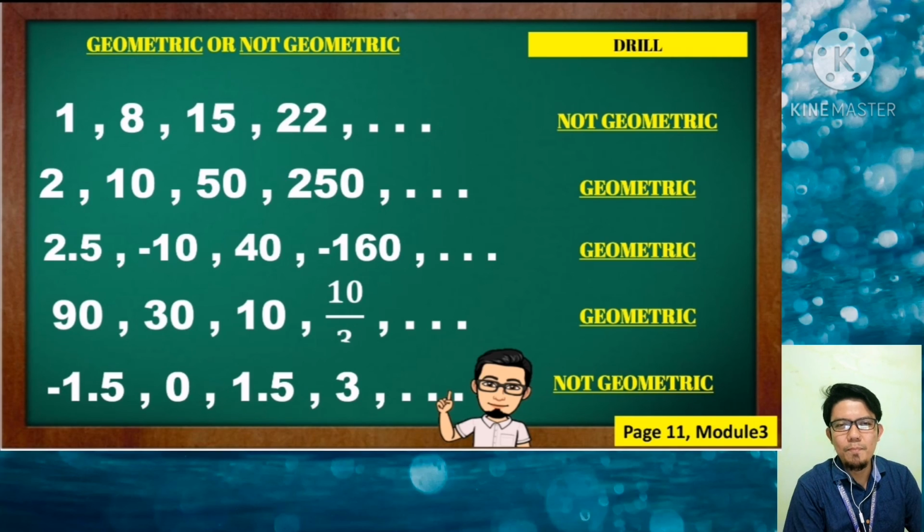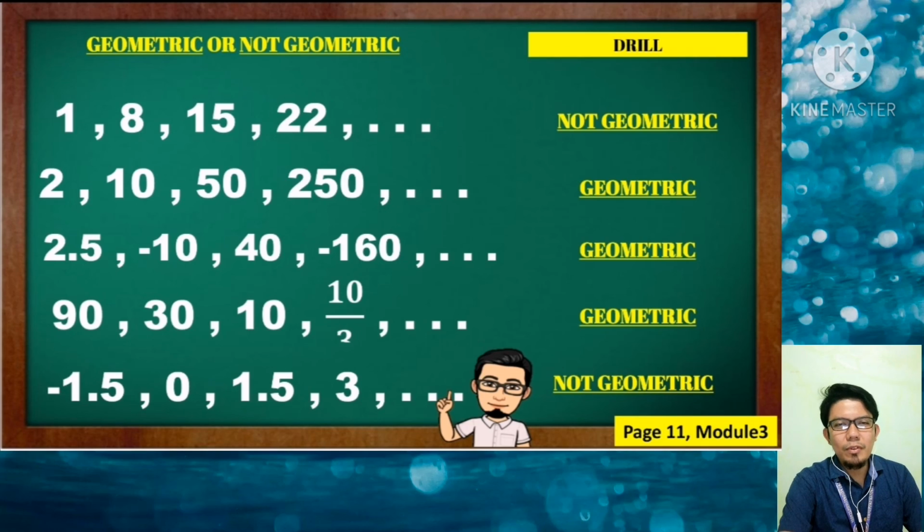That is 30. 30 multiplied by 1/3, what is 1/3 of 30? That is 10. And then 10 times 1/3 is 10 over 3. So the common ratio here is 1/3. Therefore, this is a geometric sequence.